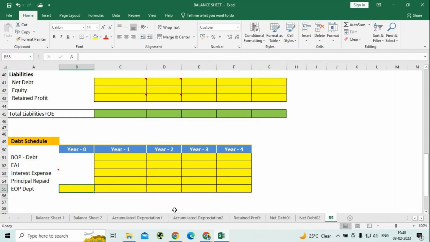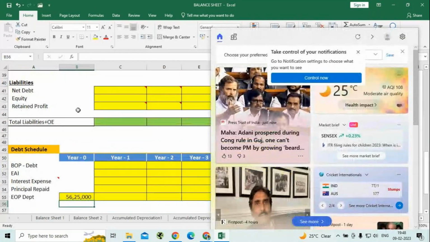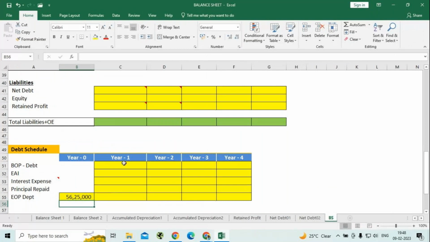It is equal to the debt amount, 56 lakhs 25,000. The end-of-period debt of the previous financial year will be the opening balance for the next financial year.